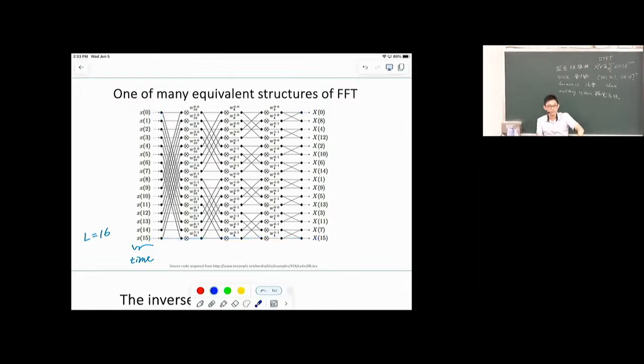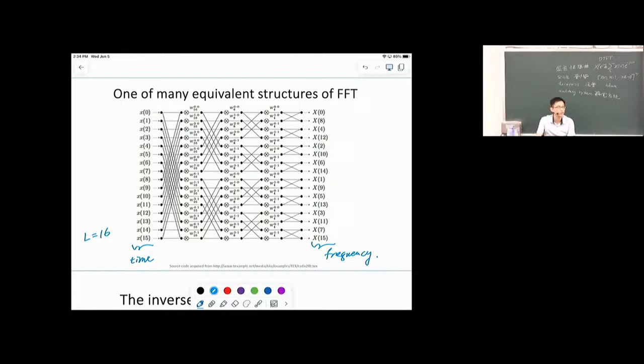I'm not going to prove this in class, but we claim that on the right, this is big X. So we go from the time domain all the way, and the end product right here is already in the frequency domain, with big X, all the spectral lines. 16 samples in time to your left, 16 spectral lines to your right.